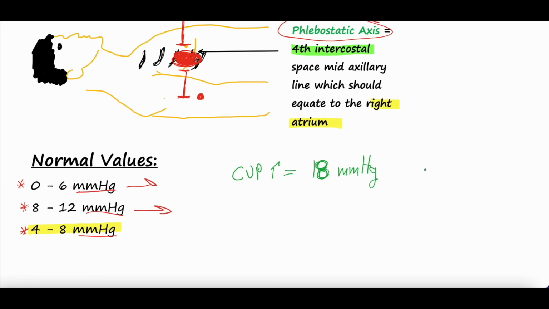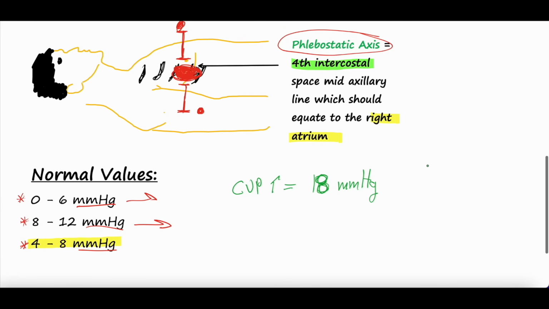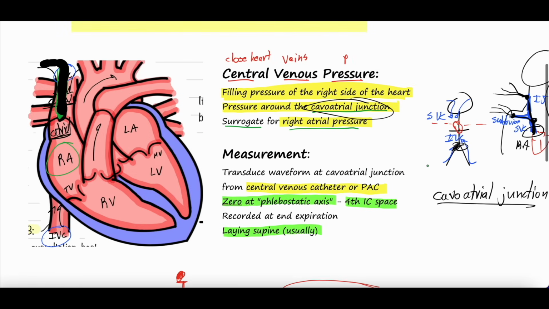You have too much volume in your blood vessels and it's leading to a high CVP. Now, there are a lot of challenges with using CVP measurements this way, because it is measuring a pressure. It's not measuring fluid. It's just measuring the pressure in the area that the central line is sitting. It can be a surrogate for volume status, but it's not perfect, right? Because other things affect it too.